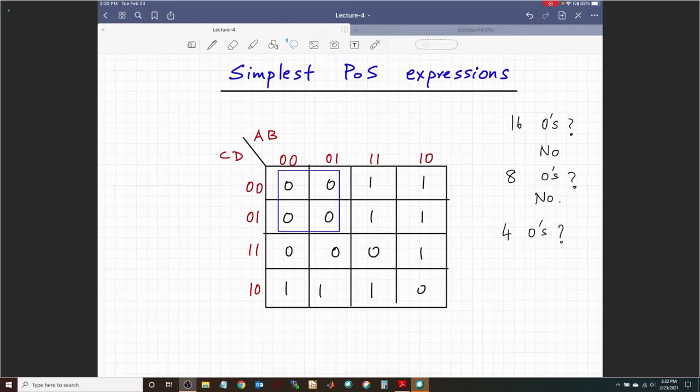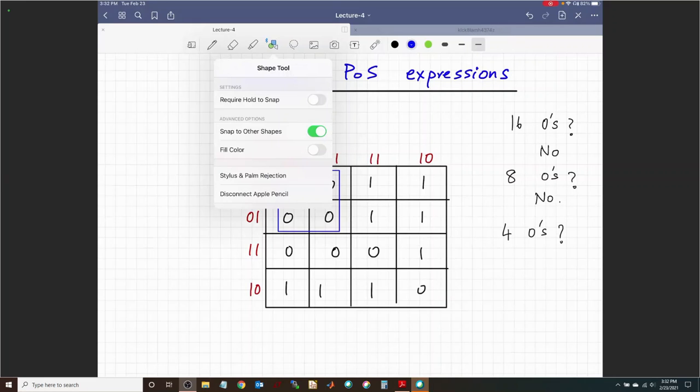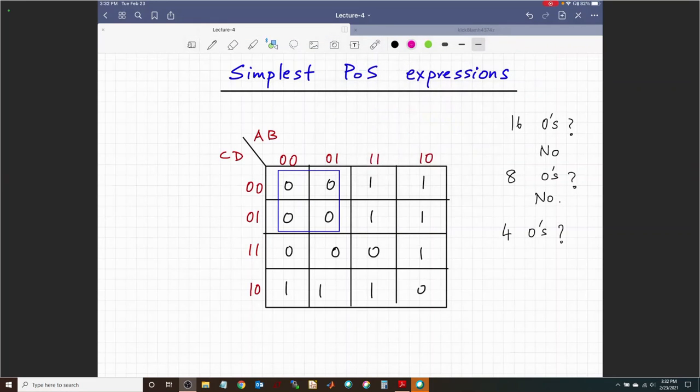All right, so I hope that that group of 4 zeros was pretty straightforward to you guys. The next one, let me use maybe pink for this. I'm going to draw this. Reuse cells in order to make bigger groups. That's what we did there. So now we have 2 groups of 4 zeros.